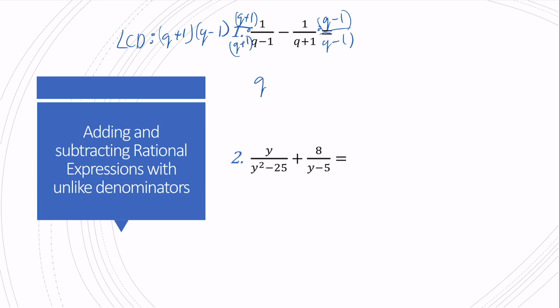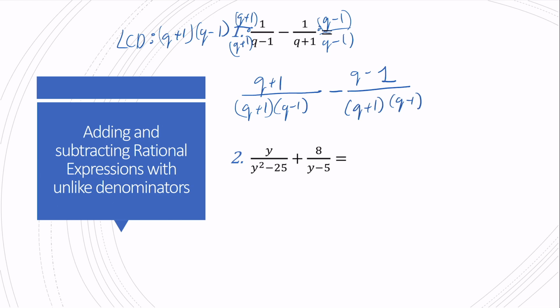That gives me q plus 1 over q plus 1 times q minus 1, minus q minus 1 over q plus 1 times q minus 1.